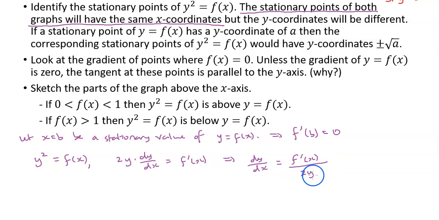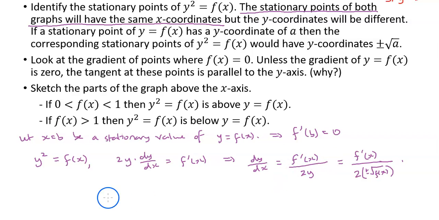Now be careful, this y is not the same as this y over here. In fact, if we were trying to write it in terms of f of x, it would be f prime of x divided by 2 times plus or minus the square root of f of x. But for this argument, there's not much need to go into that detail.